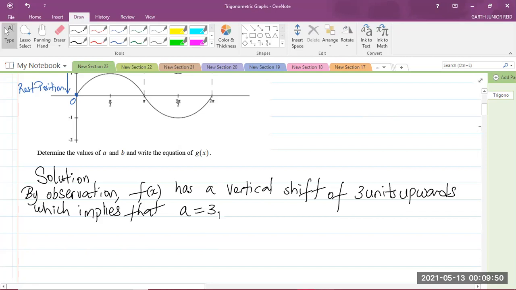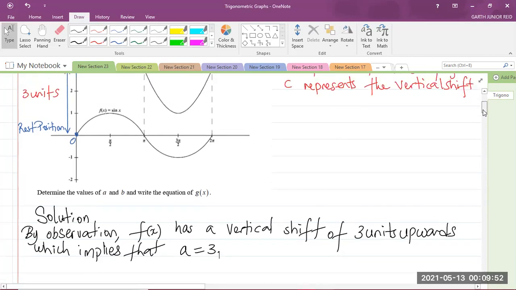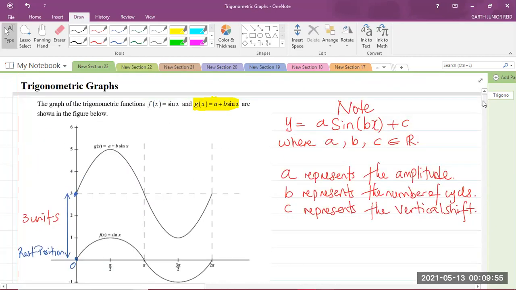So we have successfully found the value of a. Now it is the time for the value of b. What is the value of b?